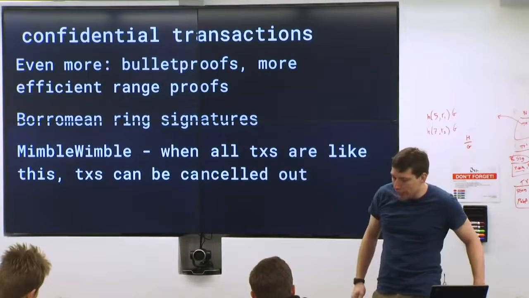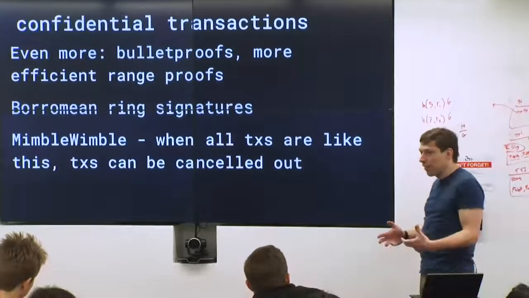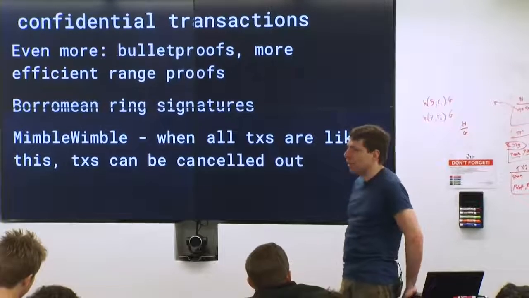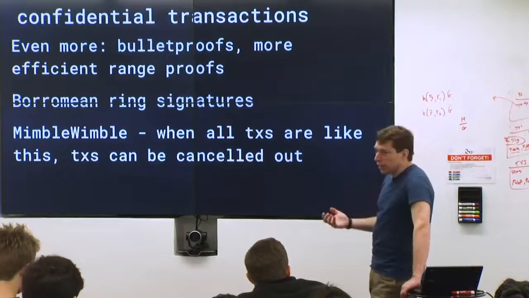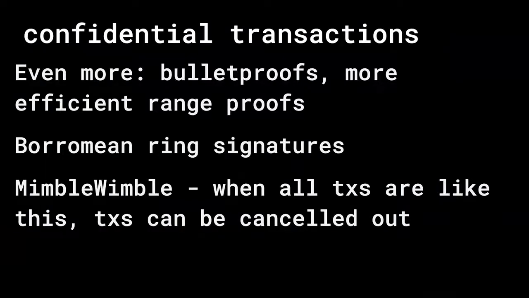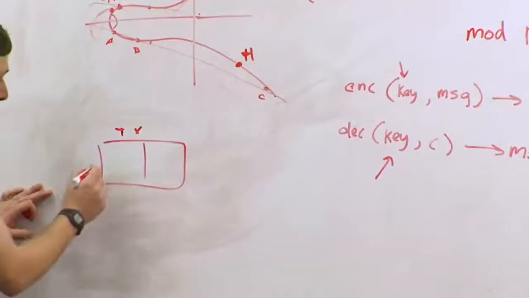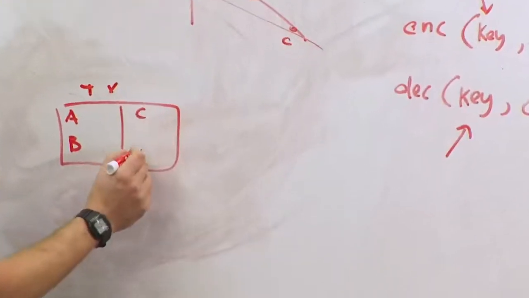The idea is that when all of the transactions in the network are like this, and they have confidential input and output amounts, the transactions can be canceled out in an interesting way. Because the output amounts are unique, right? They have these blinding factors, they have these range proofs. So just a hint about Mimblewimble: if you have a transaction and it says, okay, amounts are all obscured, but A is being consumed, B is being consumed, C is being created, D is being created.